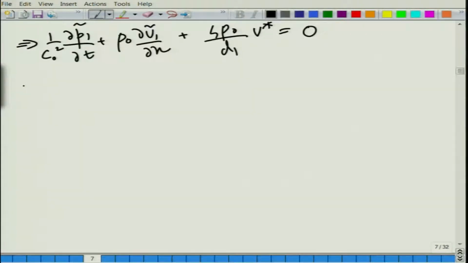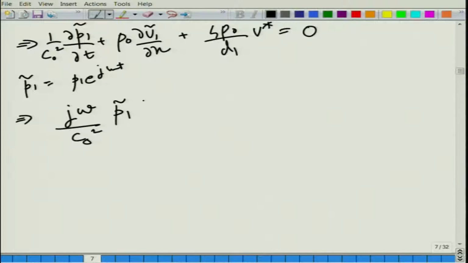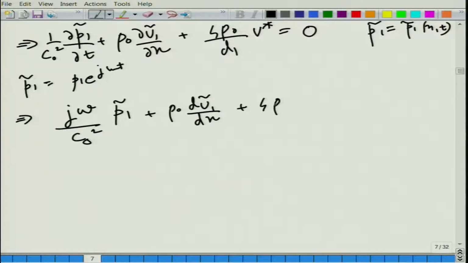So, if we assume time harmonicity, so we get, P 1 of course has to be solved for x. So, P 1 is nothing but a function of x and t, and rho naught, and this is u star.